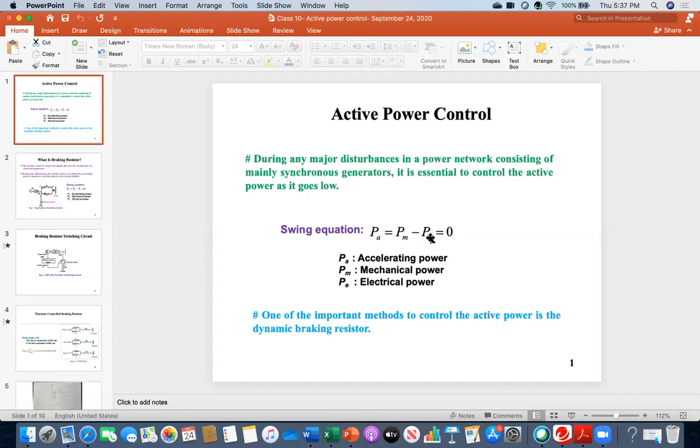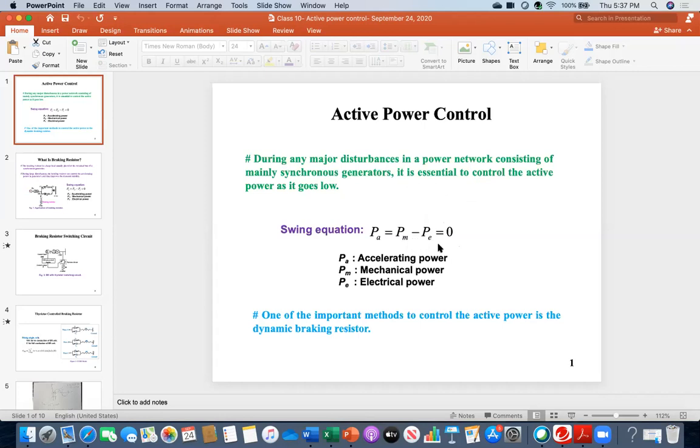So because P is going low, you boost it up. Or it might happen, for example, not a short circuit or ground fault, but you injected some load. For example, there was 100 megawatt in the system and the system was balanced, but you put another 10 megawatt, you created additional load. Then P is going over. In that case, what will happen?